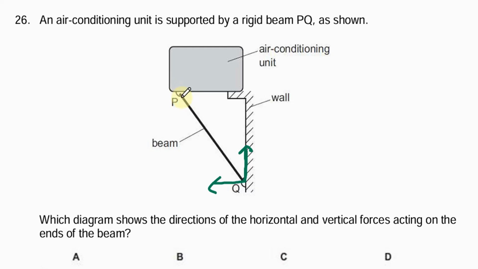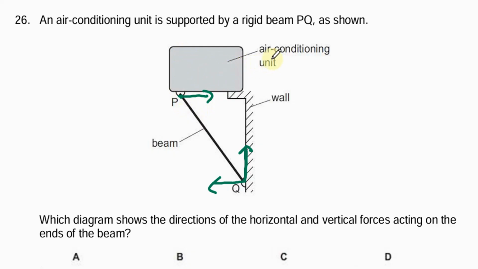What would happen if we didn't have a bolt at P? The beam would tend to slide from underneath the air conditioning unit to the left. And that means that we must have an opposing force to the right at point P. Then the beam also exerts a force onto the air conditioning unit up.